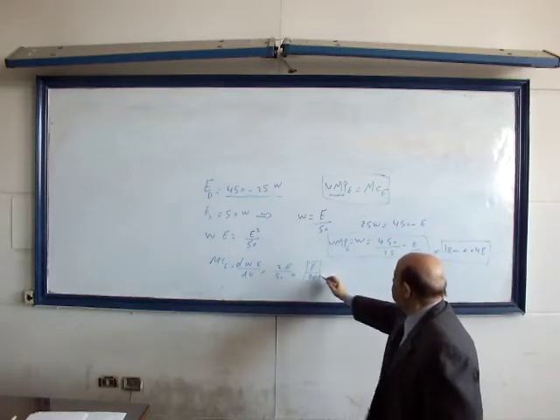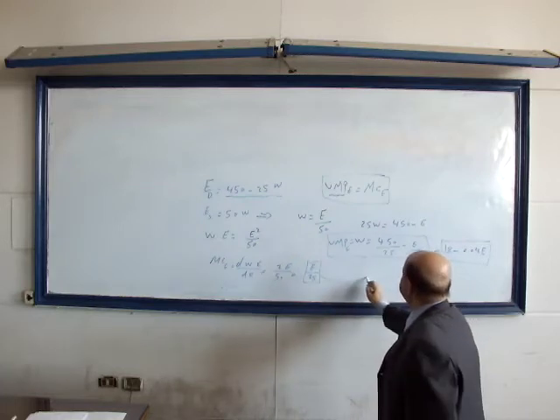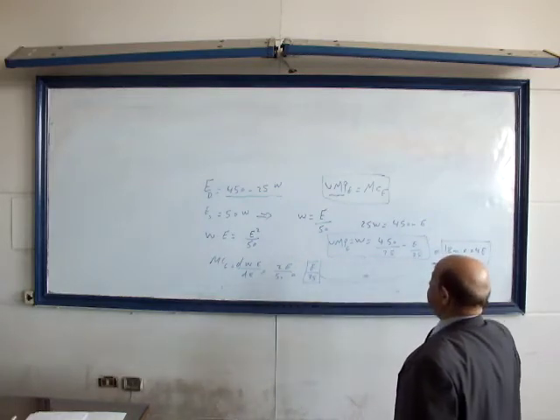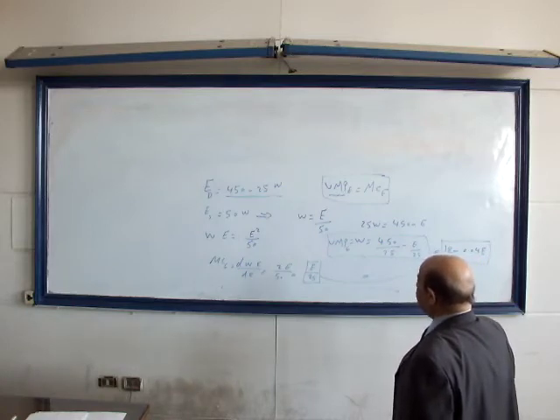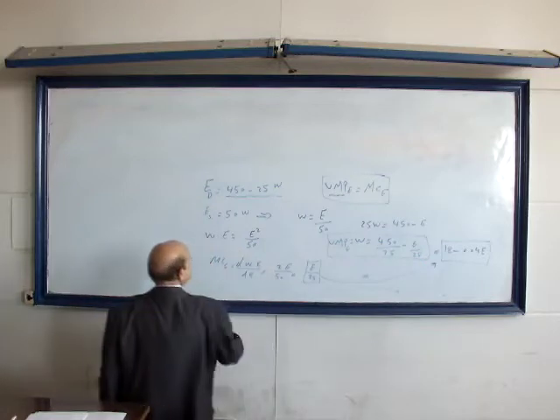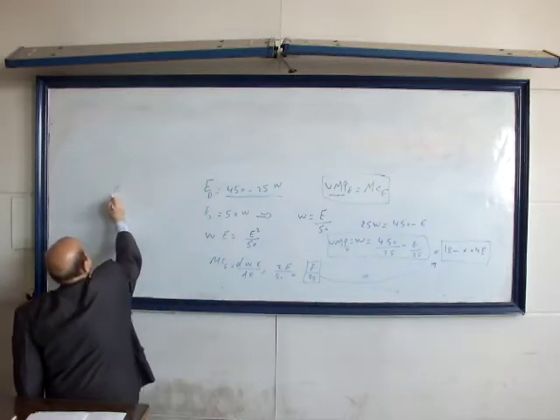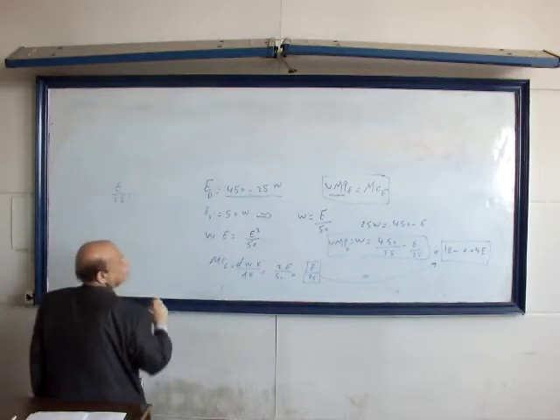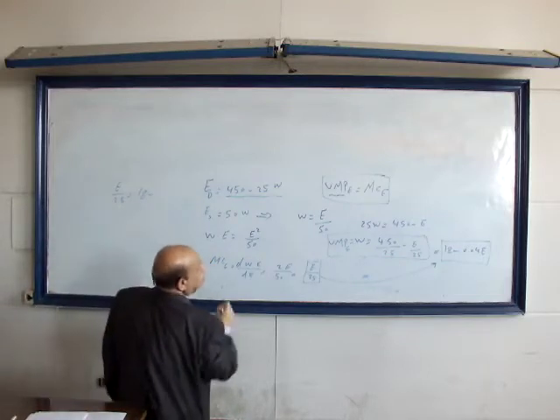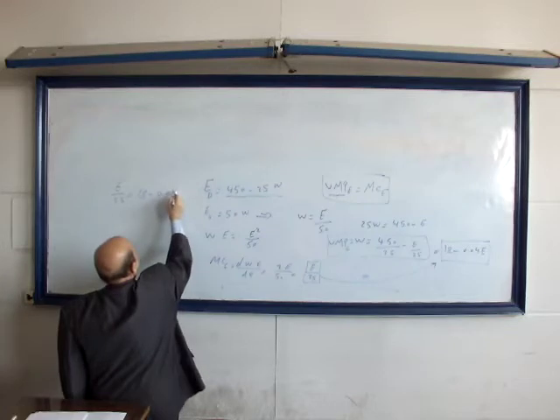You equate these two equations and solve them together. What do you get when you solve these two equations together? You equate E over 25 with 18 minus 0.04E.